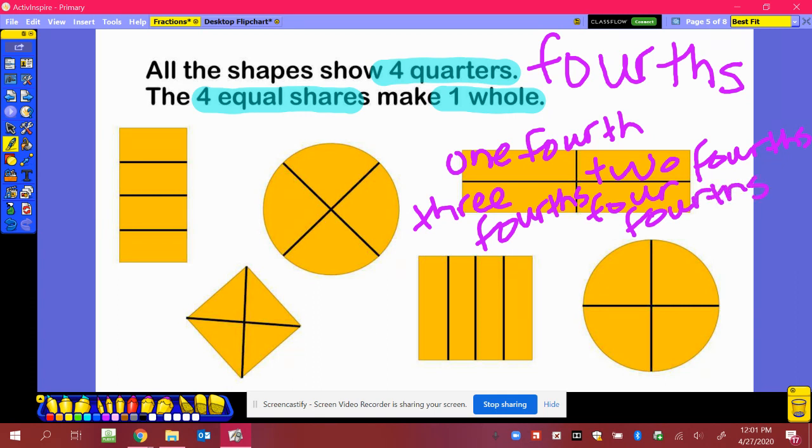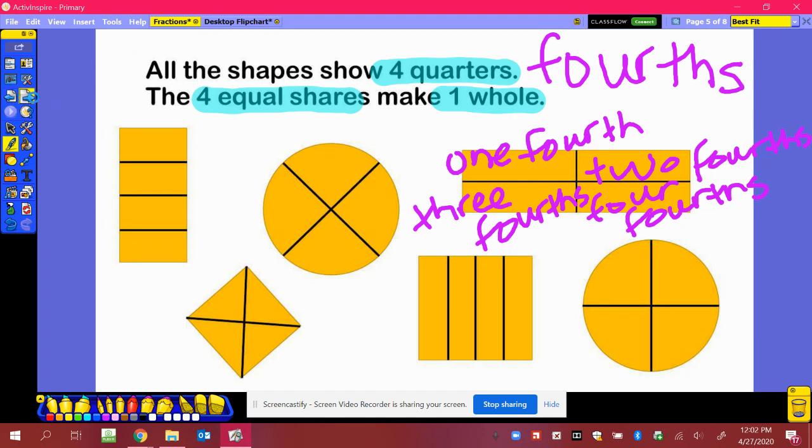So there are 4 fourths. There are 4 equal parts cut into fourths. So each of these shapes here have 4 equal parts. And so 4/4 make one whole.